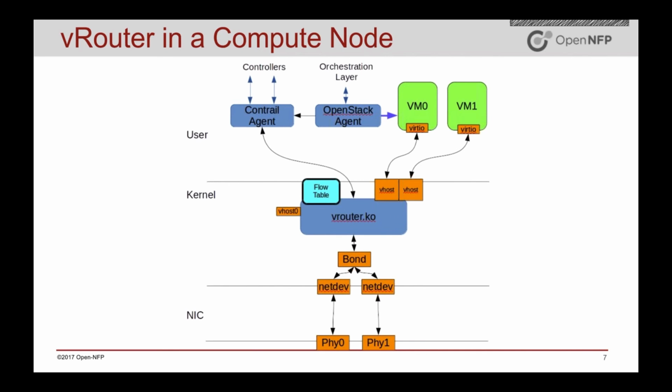The data plane consists of functions running in the agent and in the vRouter kernel module. The agent is responsible for security group classification, initial flow classification, flow setup, timing out flows. So it's the smart part of the data plane. It also interfaces to the controller for management, right?